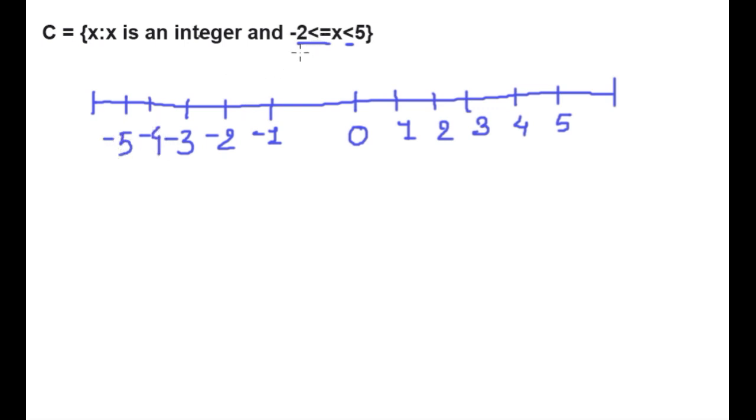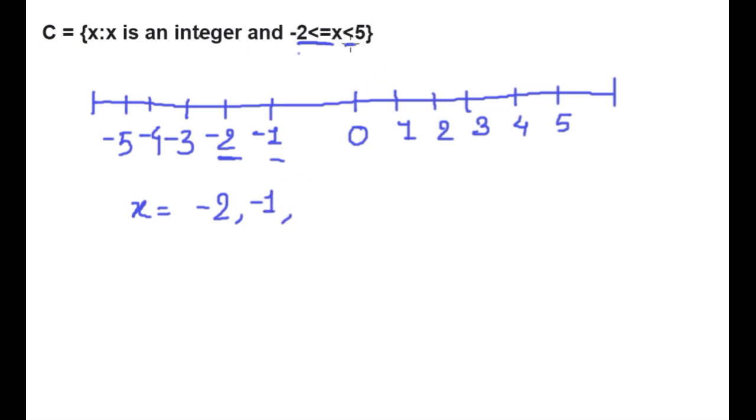So our question is saying greater than equal to -2. So we will start from -2 because it is equal to -2. So -2, -1, -1 is greater than -2. So our X is -2, -1.